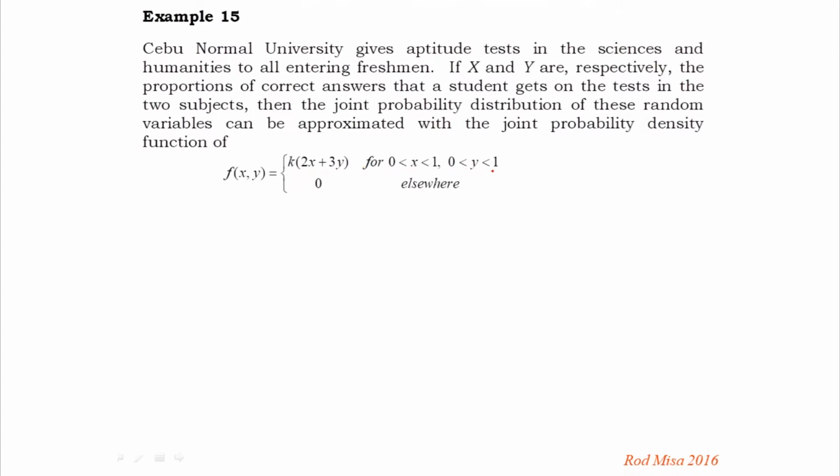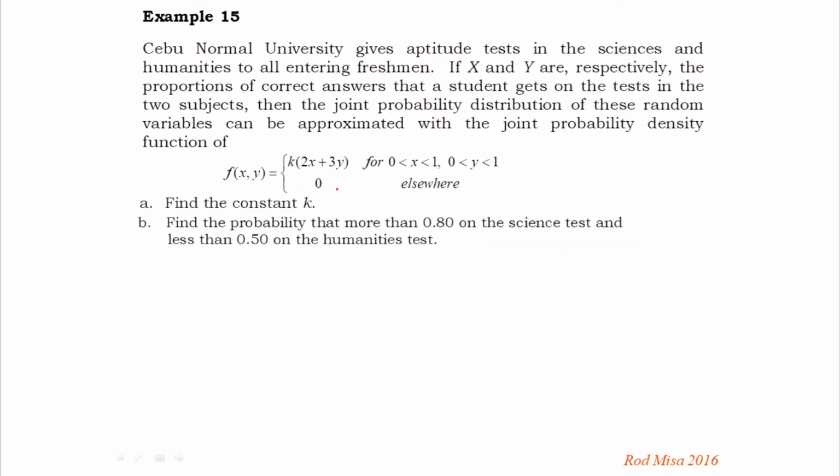And it has a probability value of 0 elsewhere from the domain above. Letter A, find the constant k. Letter B, find the probability that more than 80% of the science test items and less than 50% of the humanities test items are correct here.